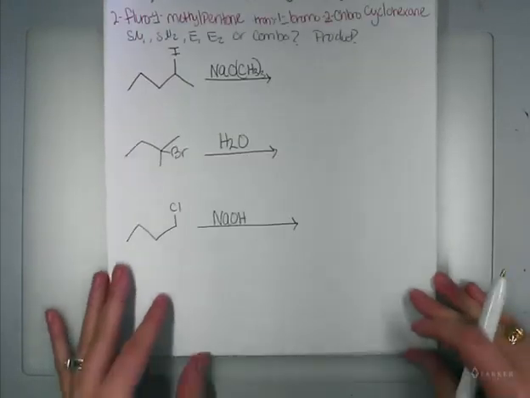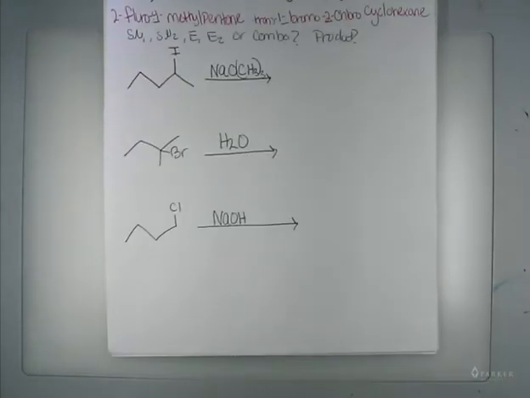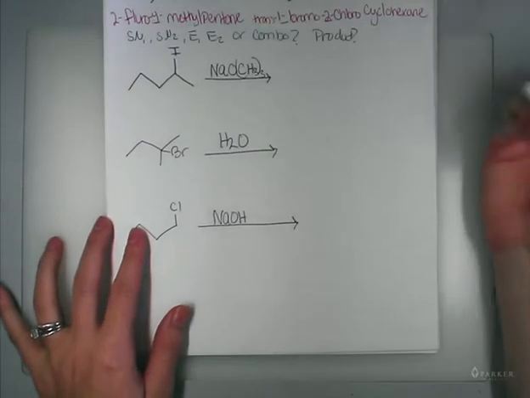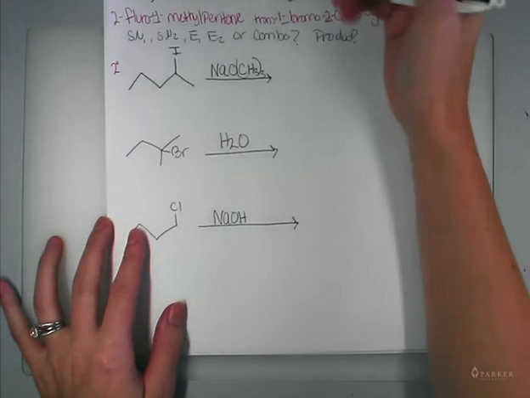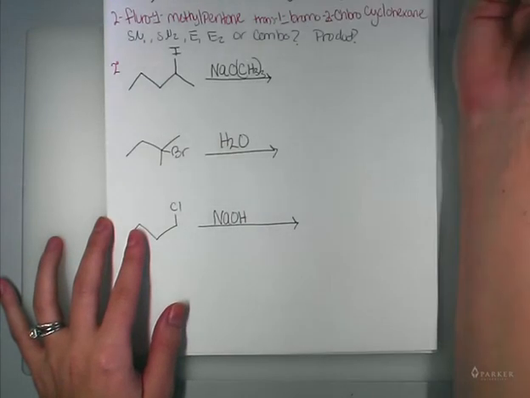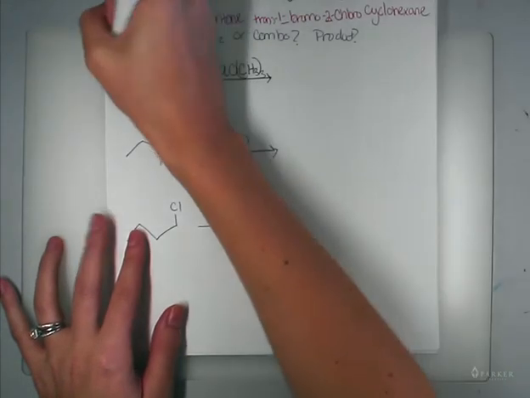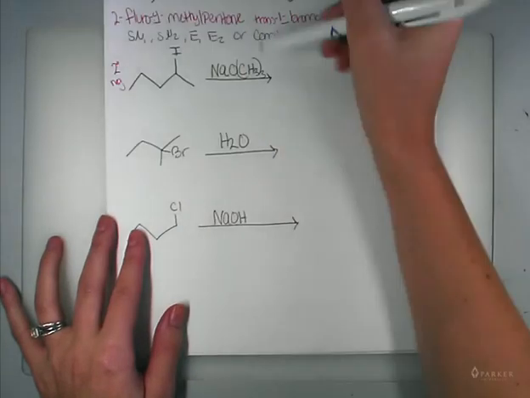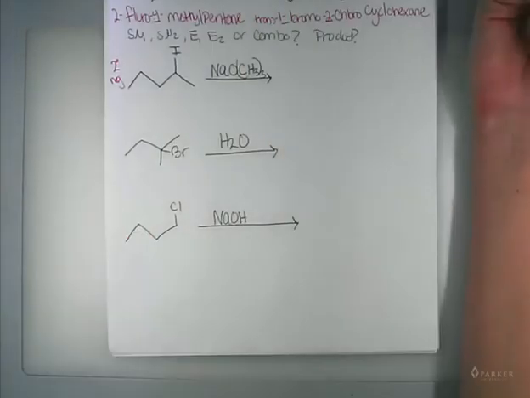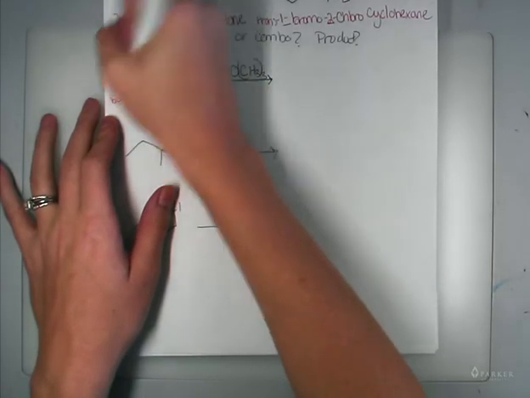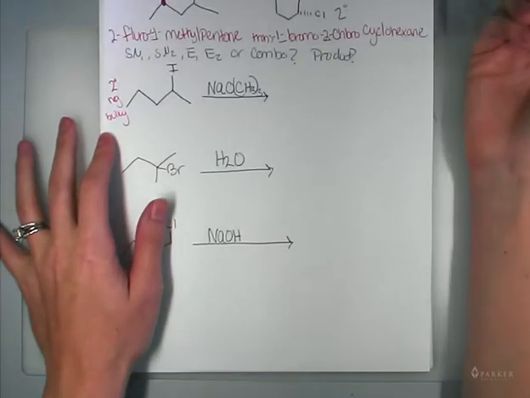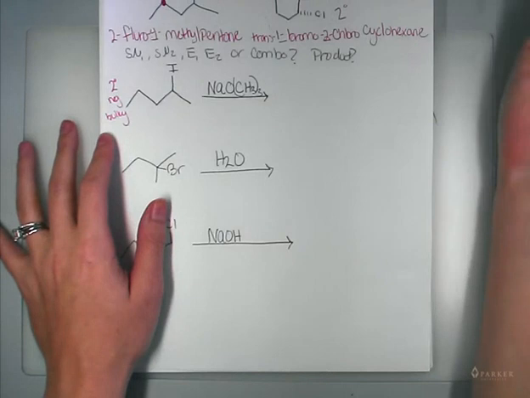Okay, let's look at these. So let's analyze them. What type of carbon do I have here? Secondary. And what about this? Is this negative or neutral? Negative because of the sodium. So then you look, is that small or bulky? Bulky or large? So what does that add up to?